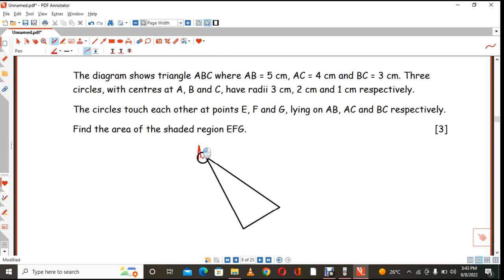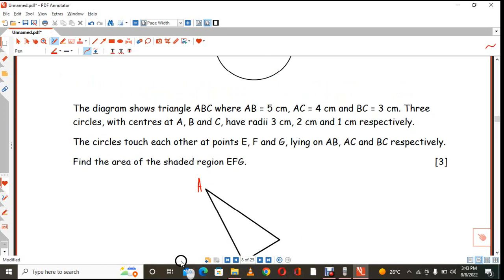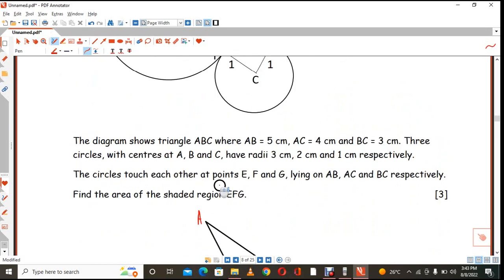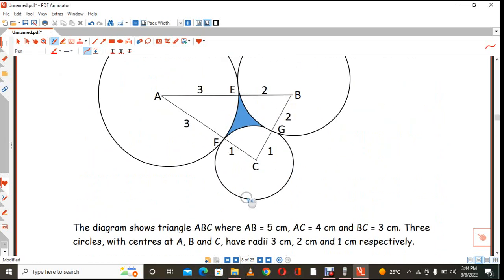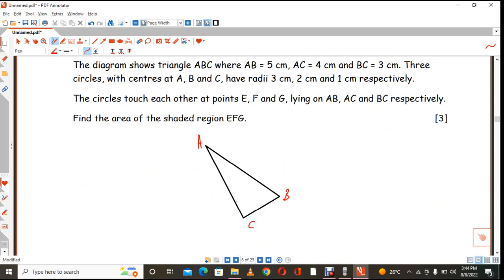This is A, and this is B and C. AB is 5, so that's 5, that's 4, that's 3.